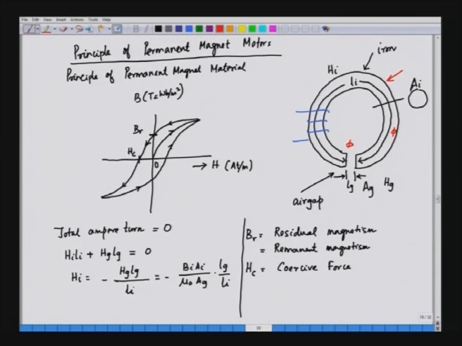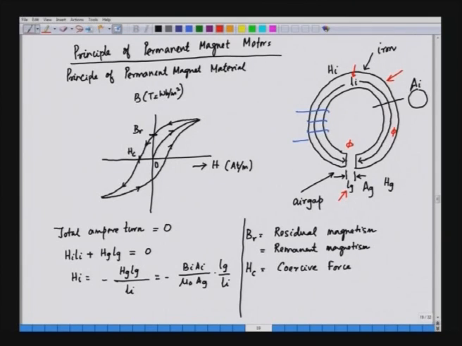The cross section of this ring is a circle, and what we have done here, we have cut an air gap, and the air gap is of length Lg, and the cross section of this ring is A, and we have this iron path, and iron path length is Li, and air gap length is Lg, and the common flux is passing throughout this magnetic material.